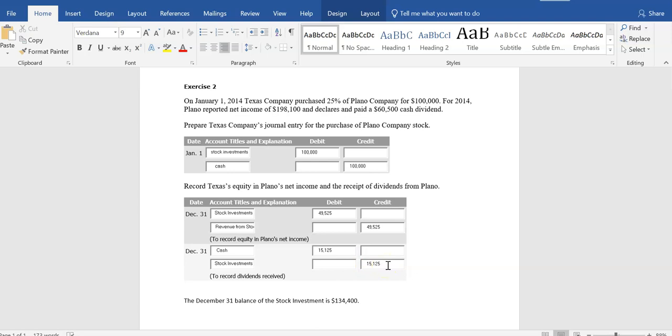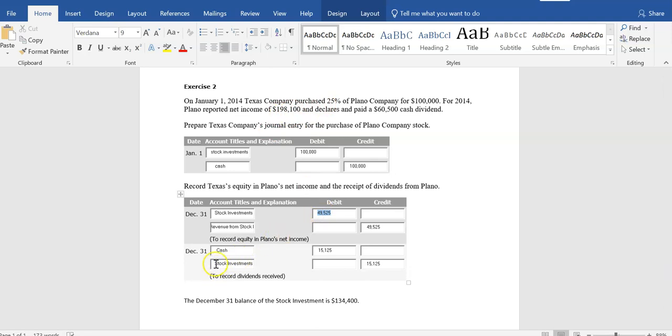Really what we're seeing here is the original purchase of 25% of Plano Company is really saying that 25% of the company is worth $100,000. And then as the company earned revenue, the value of that investment went up by the 25% or portion of the income.